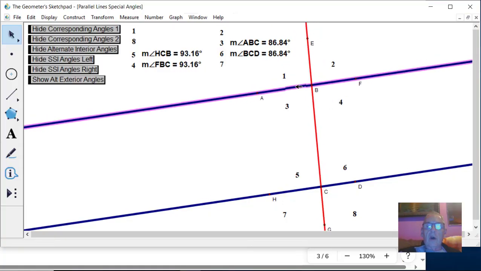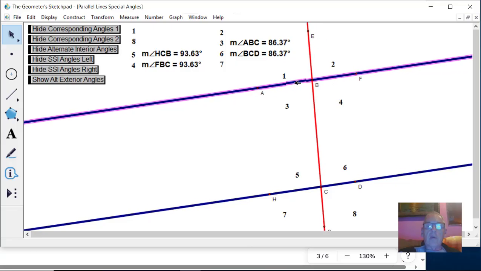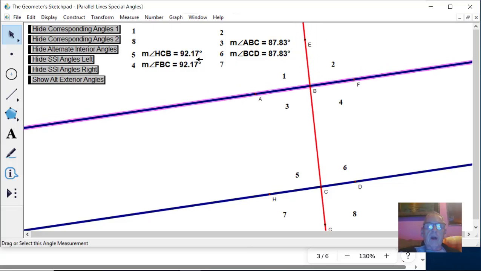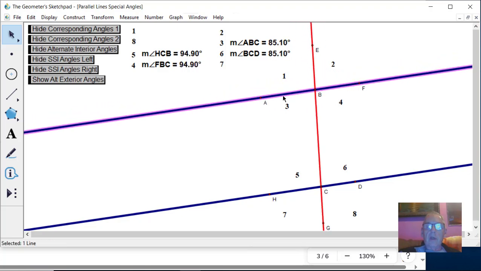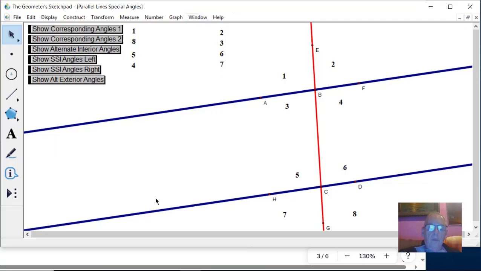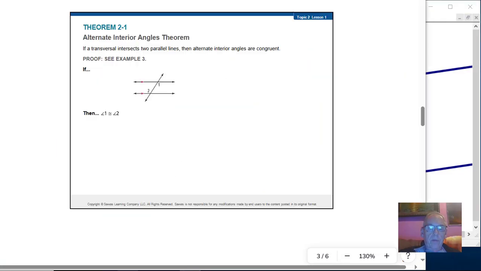Notice that the alternate interior angles keep the same measures. 5 and 4 and 3 and 6 are congruent angles because they are alternate interior angles. If you have parallel lines cut by a transversal, alternate interior angles are congruent. Let's go back to the slide. Okay, let's move on.